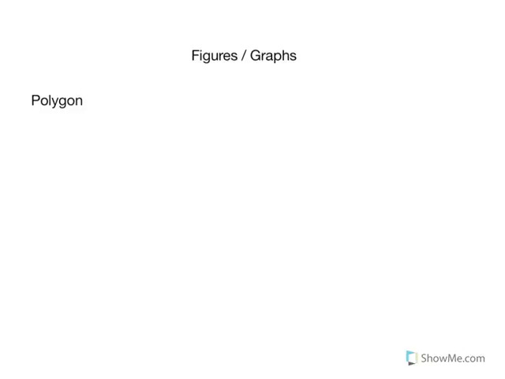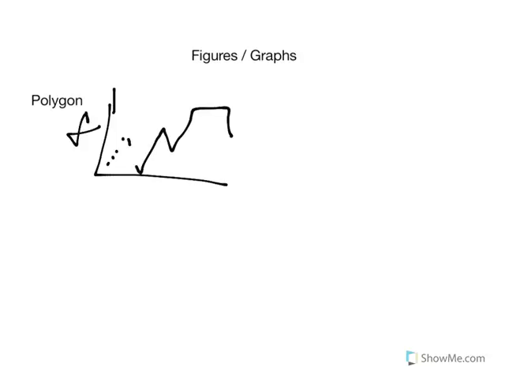All right, so we talked about two different types of figures and graphs, right? Frequency polygons, which will look something like this. Okay, it's a many-sided figure with the frequency here and the scores down here.